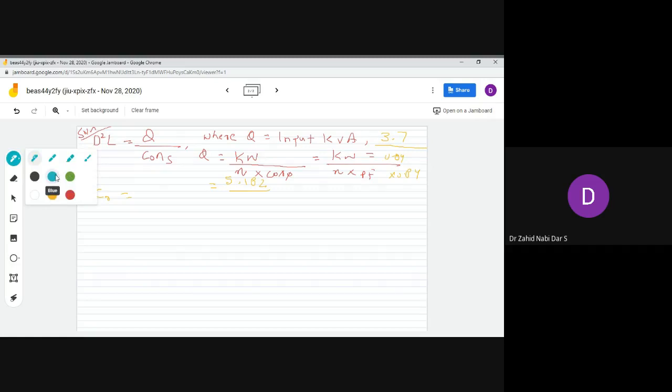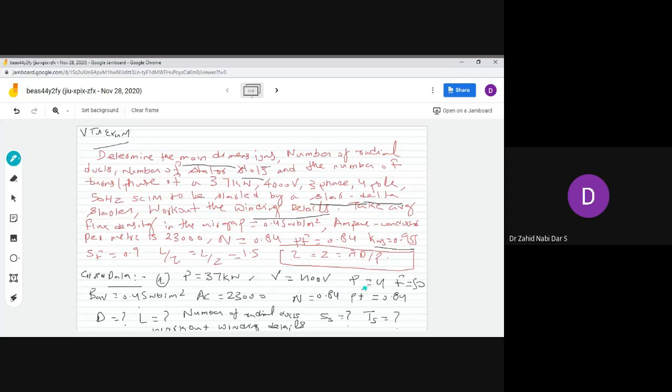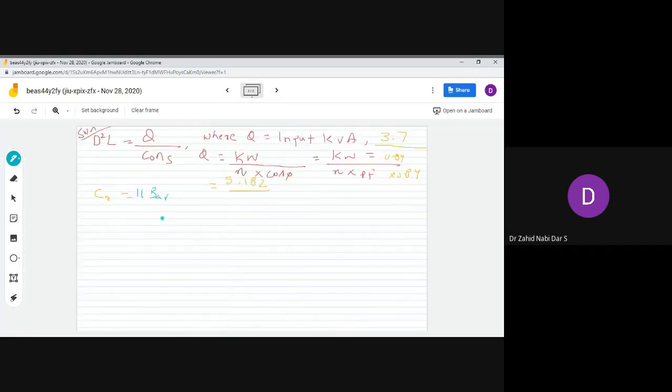So the C naught value which you will be having is in terms of 11 into BAV. Here this AC over here in the problem can be represented also as Q. Q is equal to 23000. This is represented as Q also.